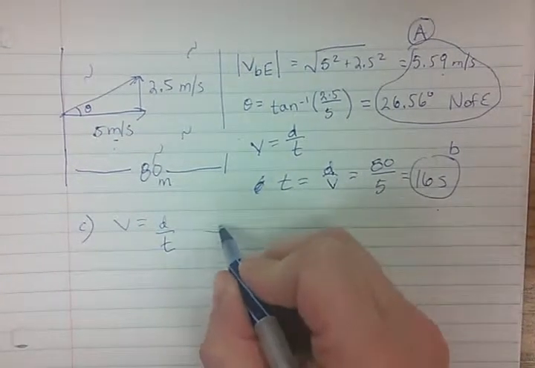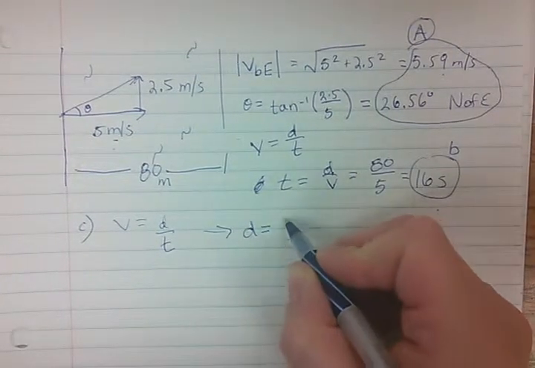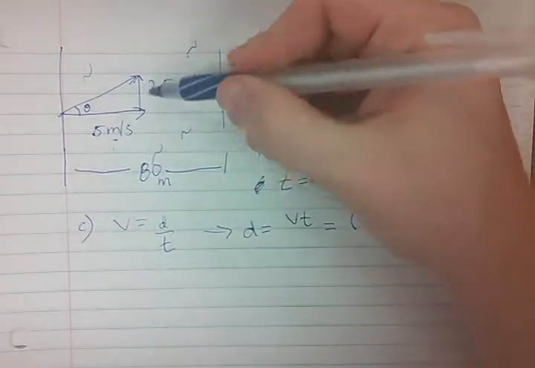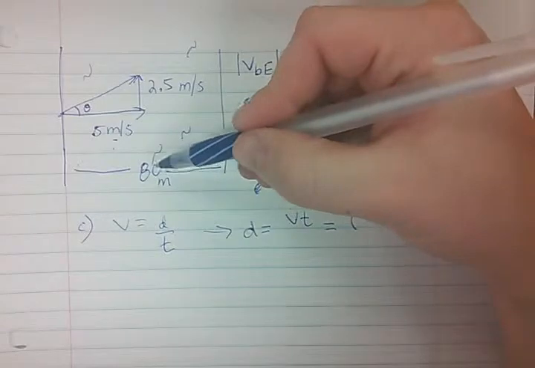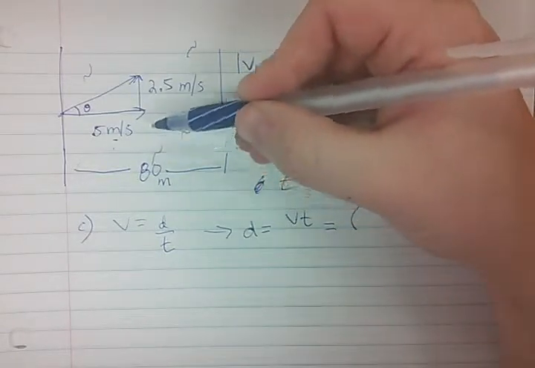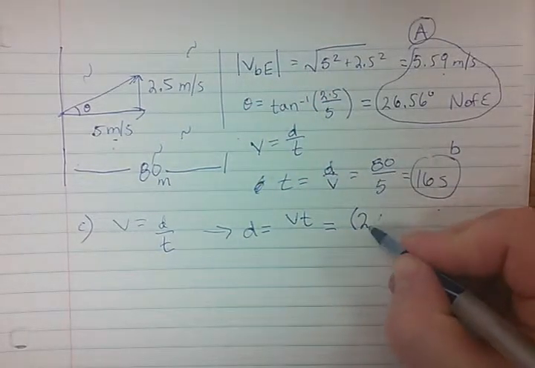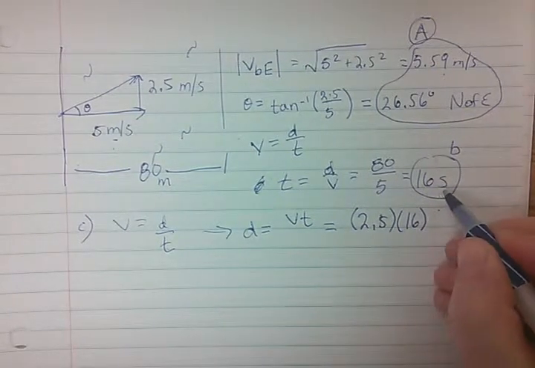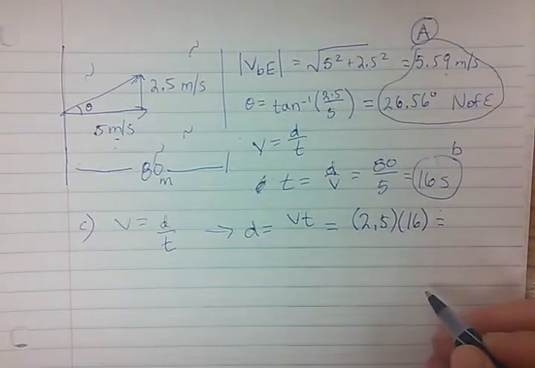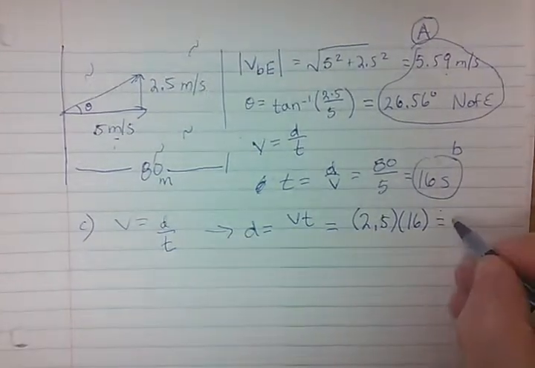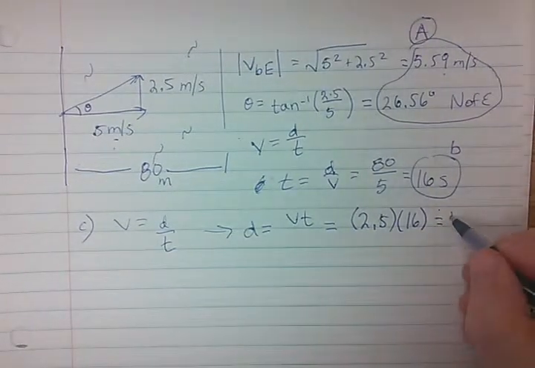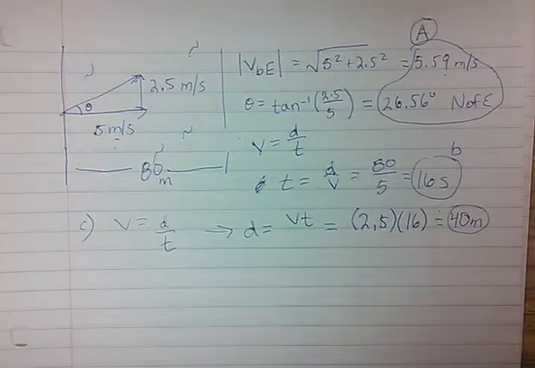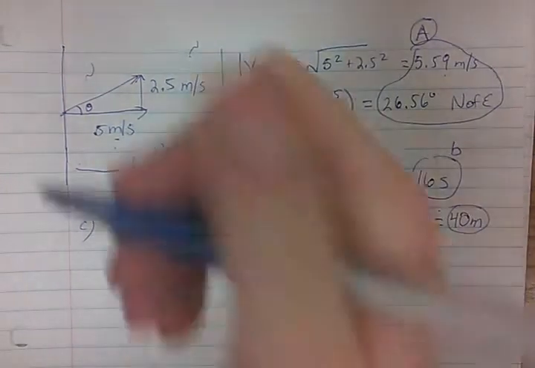We solve for distance this time. The speed, in this case, again, we want to find out how far it goes downstream. So 2.5, multiply that by the time, which we calculated in Part B, and you should get 40 meters. And that's problem 1.